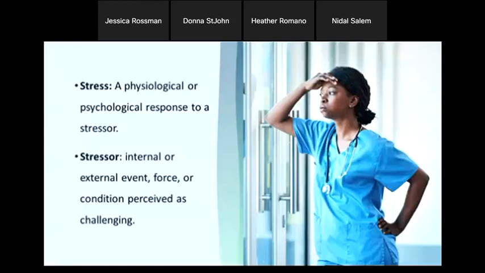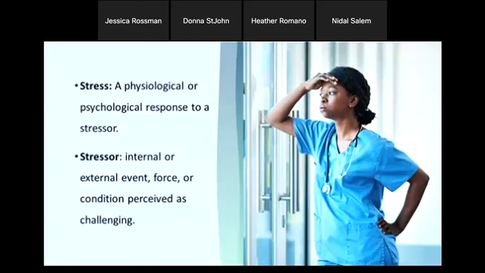So by definition, stress is a physiological and psychological response to a stressor. A stressor can be an internal or external event or force or condition that's perceived as challenging to the individual itself.